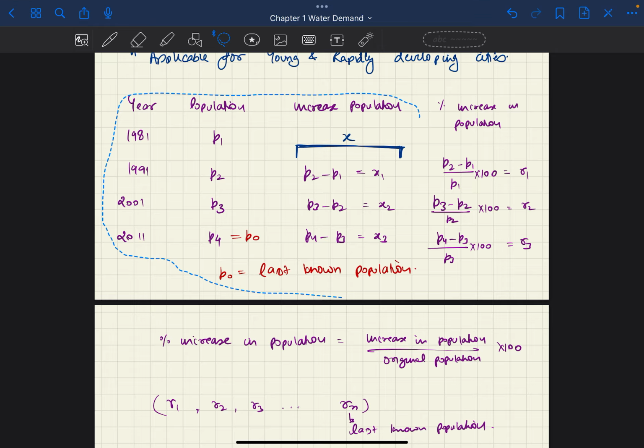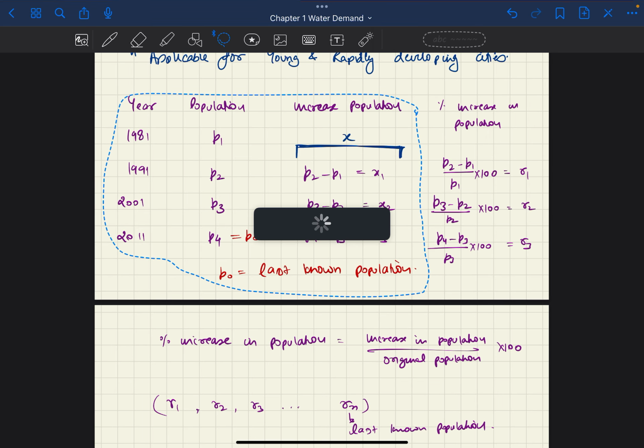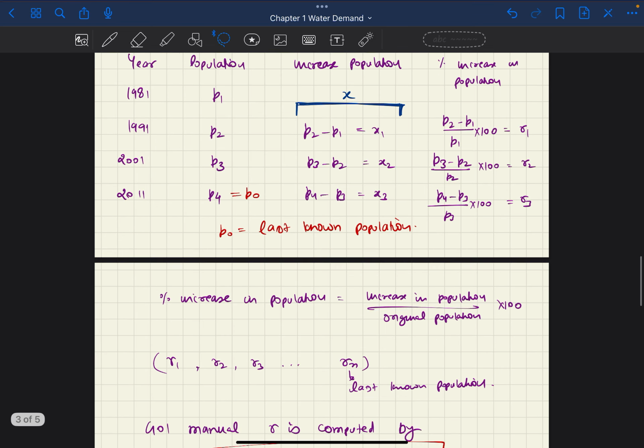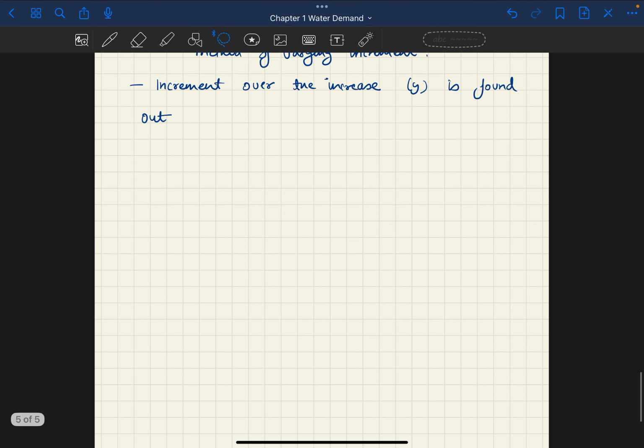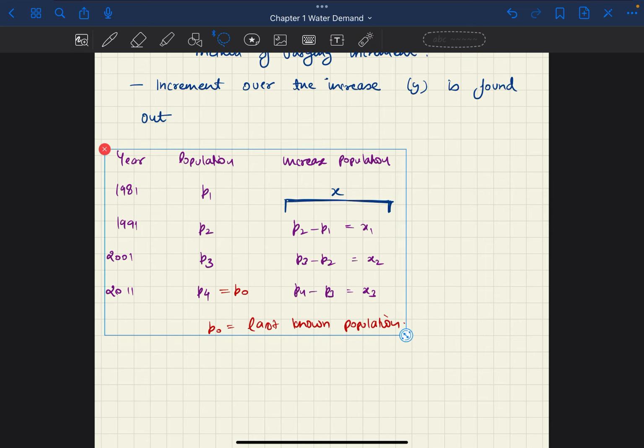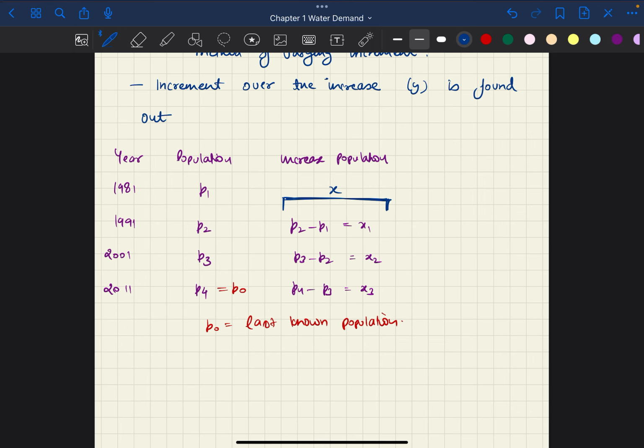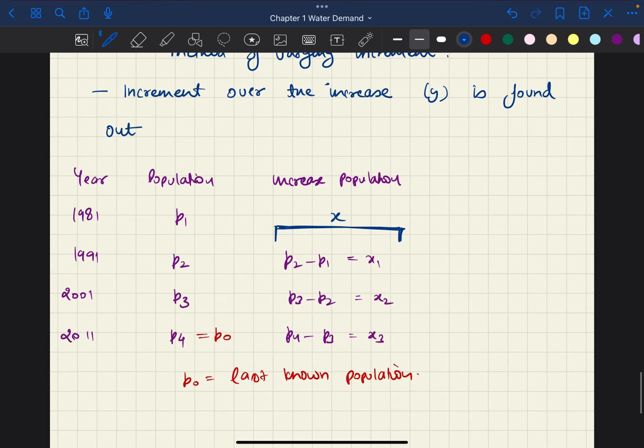So let's copy this data and paste it. So increment over increase: here we are calculating increment over increase, that is y.